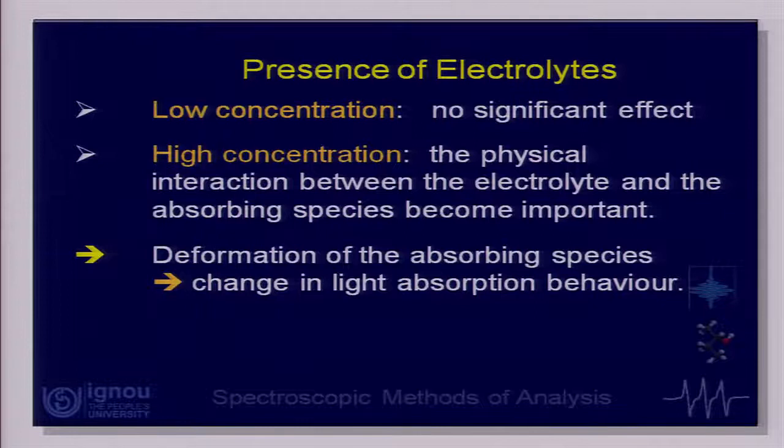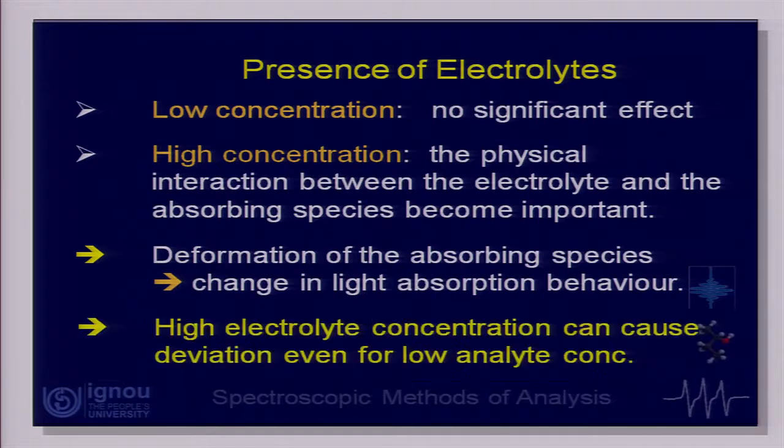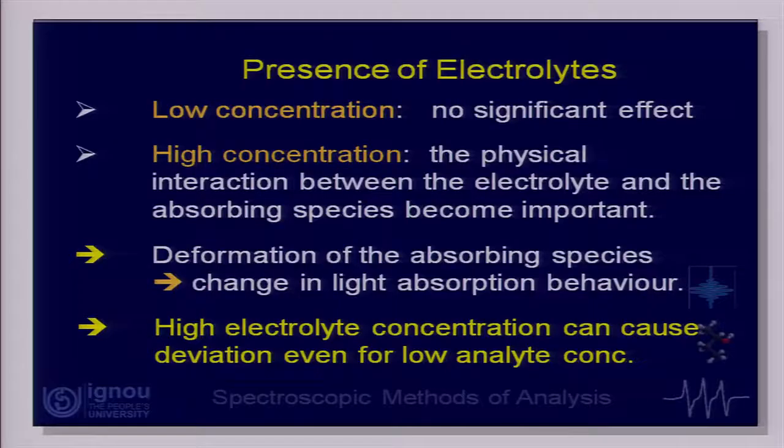This influences by causing some kind of deviation because of the deformation of the molecule which is the absorbing species. What we observe is that if I am using a high electrolyte concentration, then even for a low analyte concentration, because we said in the first factor that when the concentration of analyte is low the law is observed, but even for low concentration of analyte, if the electrolyte is in high concentration, that also can lead to deviations.